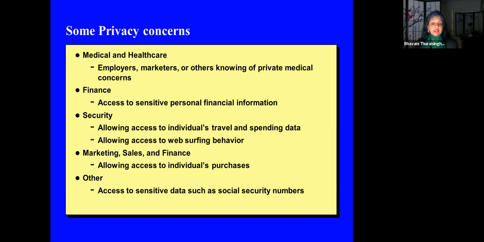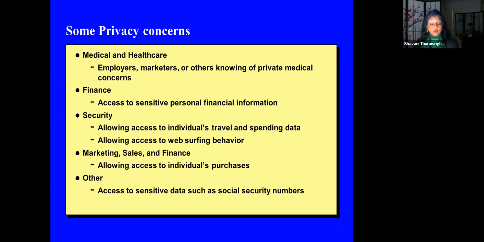For security, you allow access to the individual's travel and spending data, and allow access to web surfing behavior, because I can stay in my own home and surf the web, but it's not the business of other people, right?